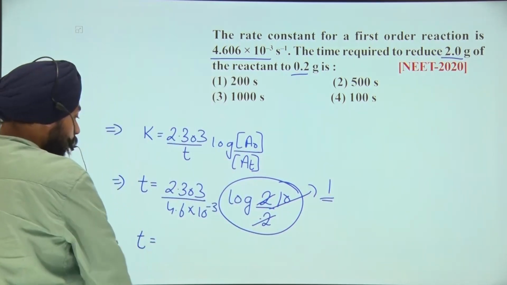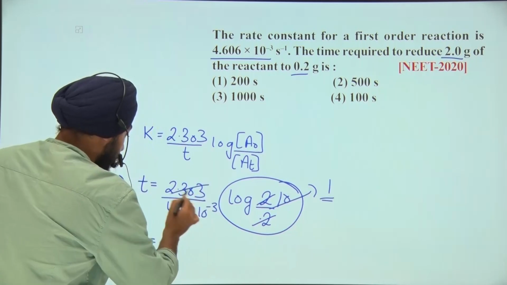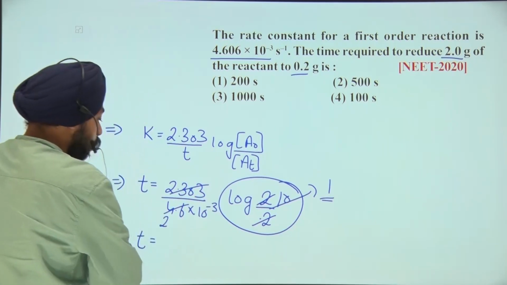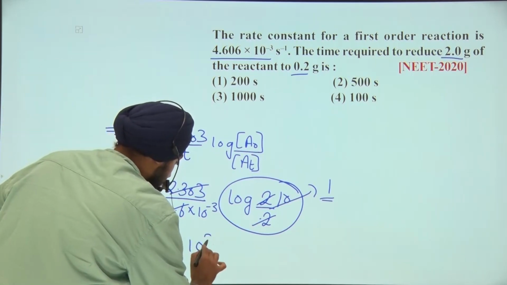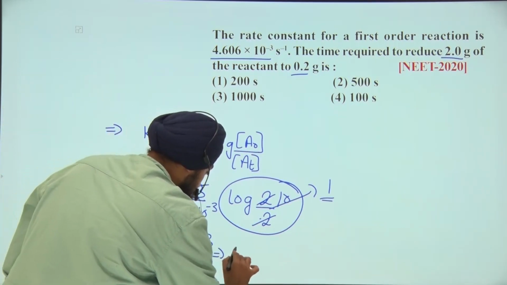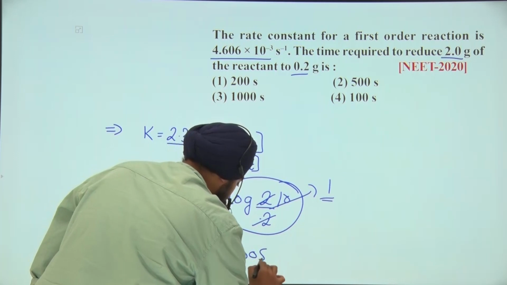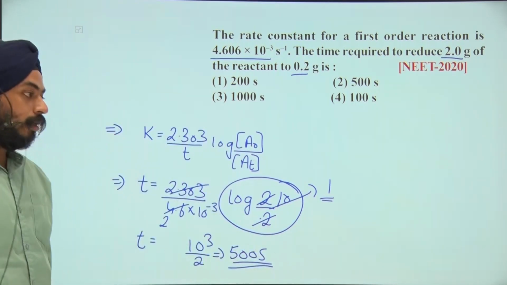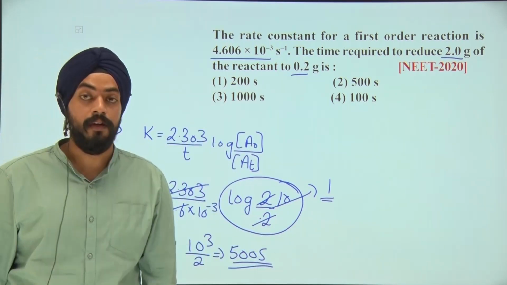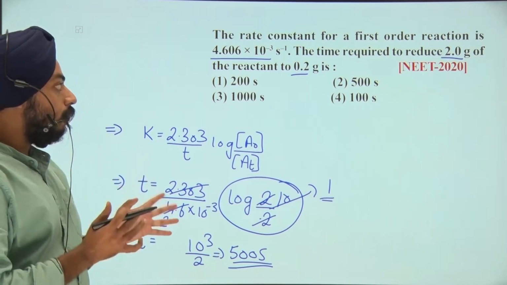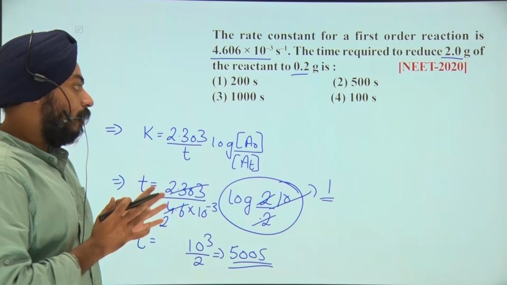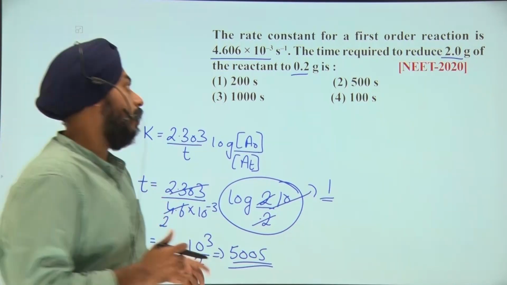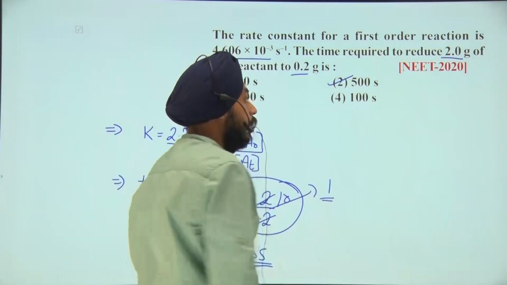So time from this will be equal to, this can be calculated, 10 to the power of minus 3 will go up, this will be 10 to the power of 3 divided by 2, that is 1000 by 2, which will be equal to 500 seconds. So for the conversion of 2 grams to 0.2 gram, 500 seconds will be required. So the correct answer will be answer number 2.